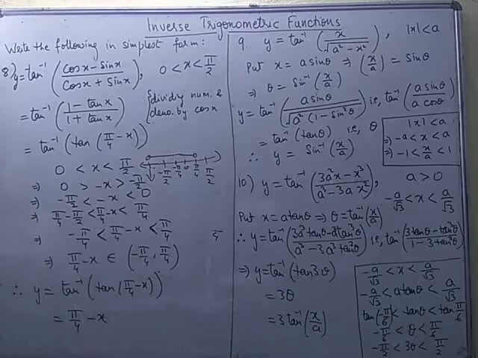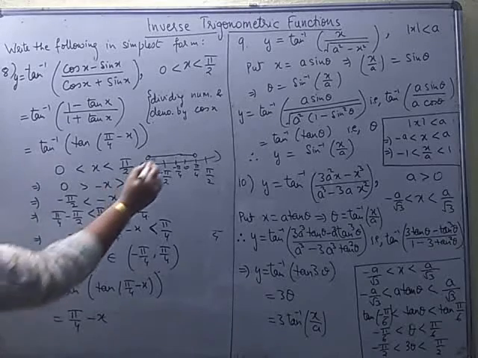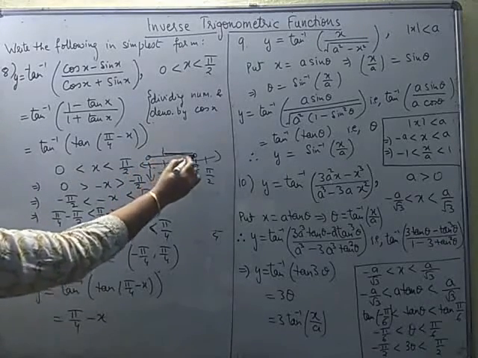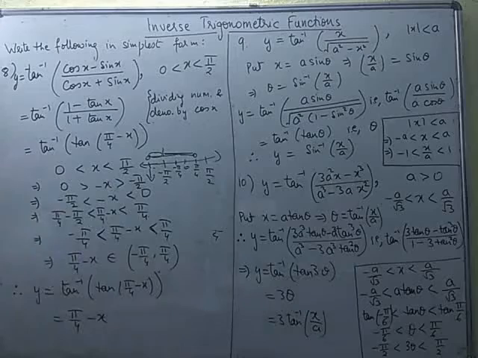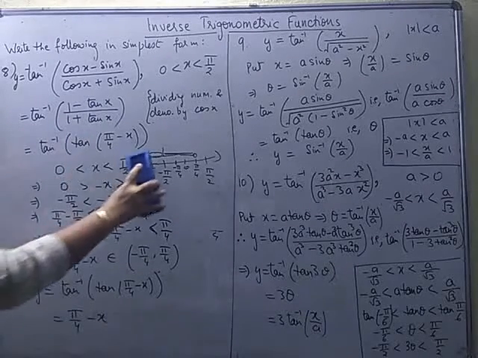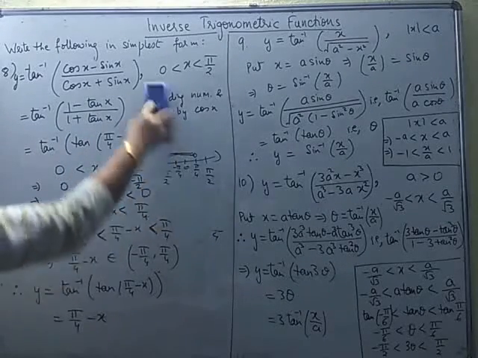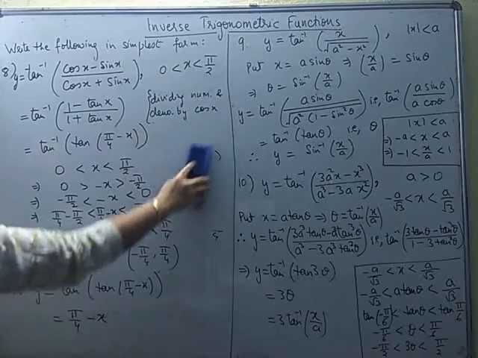It cannot be that some angles are within the principal branch and some are outside it, half in one range, half in the other range. That will not happen. Either entirely in the principal branch or entirely outside that. If you see, these many angles satisfy the principal value branch, but these ones are not satisfying. So that gives us an idea that the domain which is given here needs to be changed.